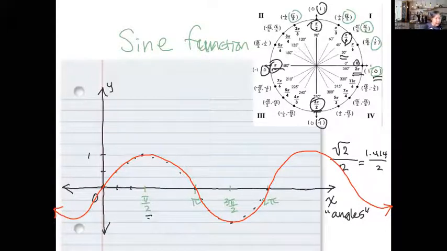So this is how you can utilize the unit circle in order to construct the sine function. Then if there's no restriction over the domain, it will repeat every time. So just remember you put the arrow at the end, okay?